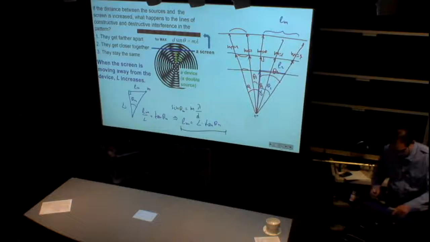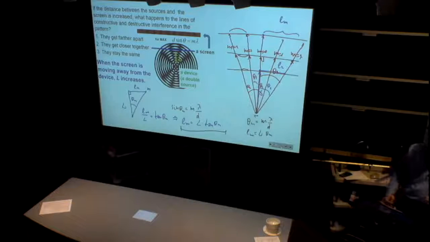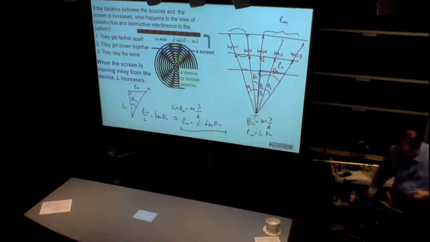we actually can write that this ratio, theta over theta, this angle, theta m, should be equal to this. And also, we can get rid of the tangent symbol. And these equations are much easier to solve.